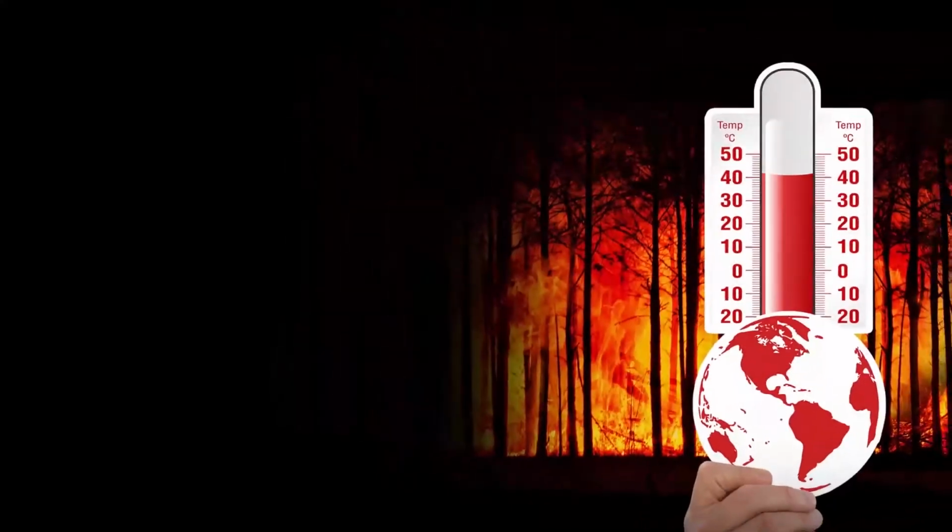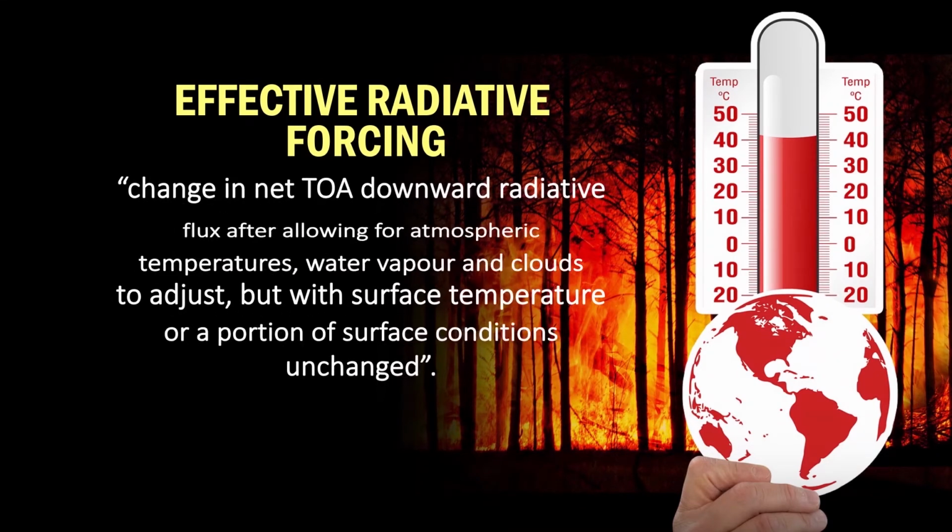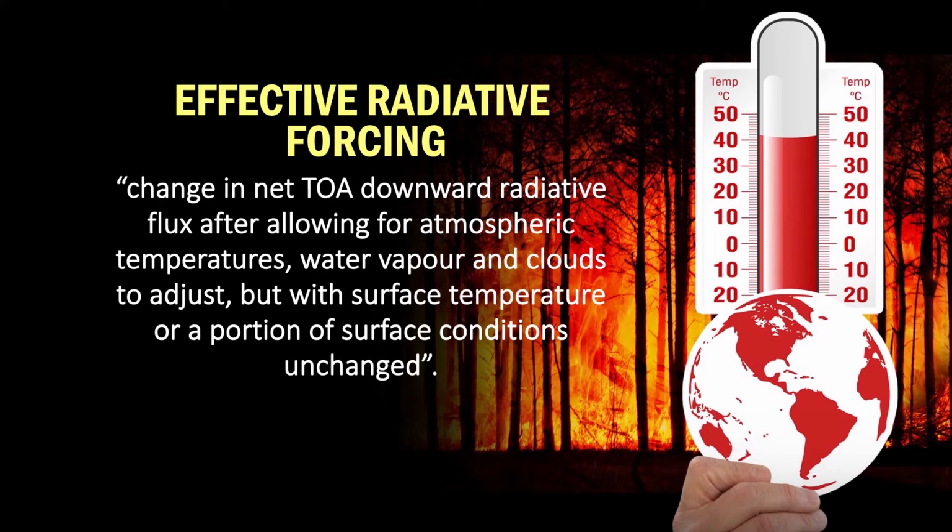Another concept related to radiative forcing is called effective radiative forcing. This effective radiative forcing is the change in the net top of the atmosphere downward radiative flux after allowing for atmospheric temperatures, water vapor and clouds to adjust, but with the surface temperature or a portion of surface conditions unchanged.